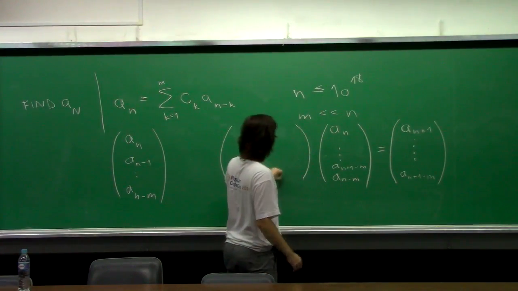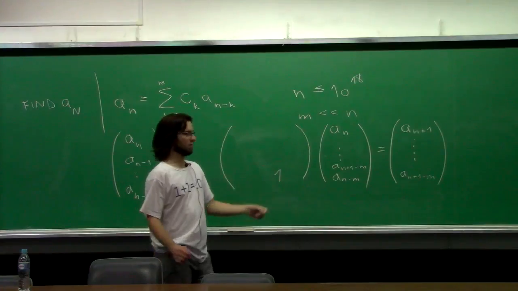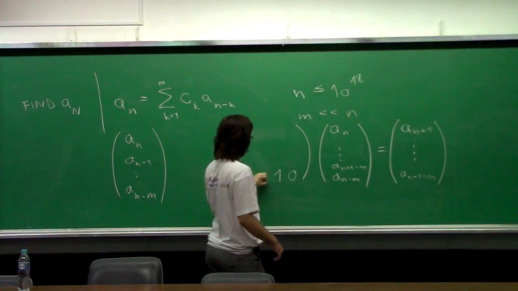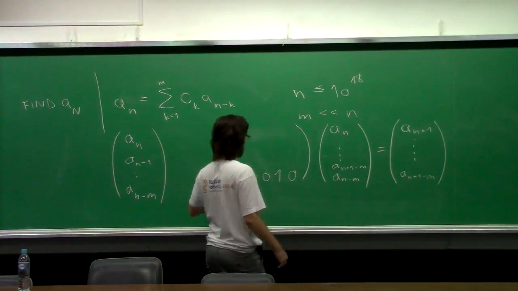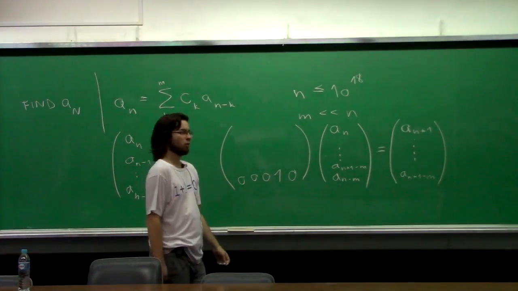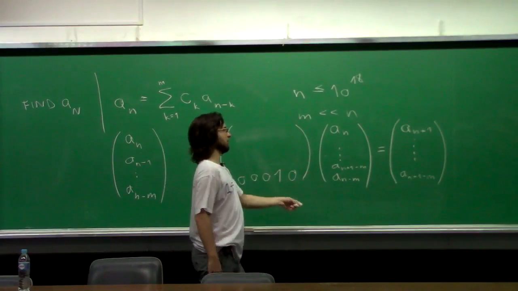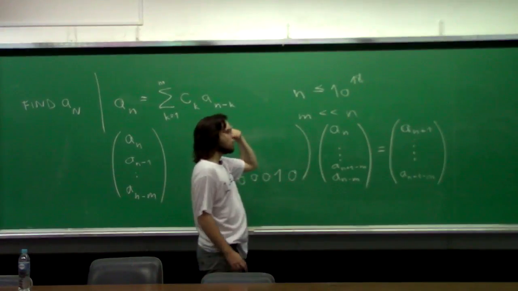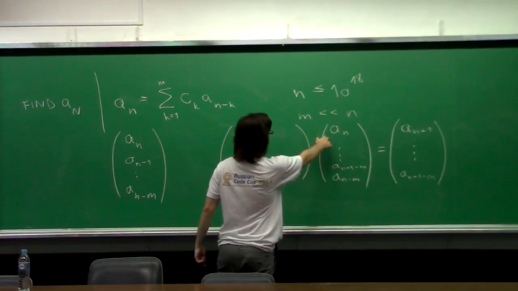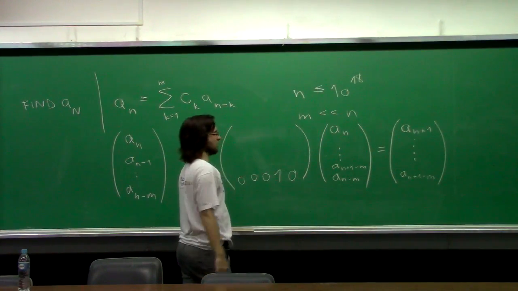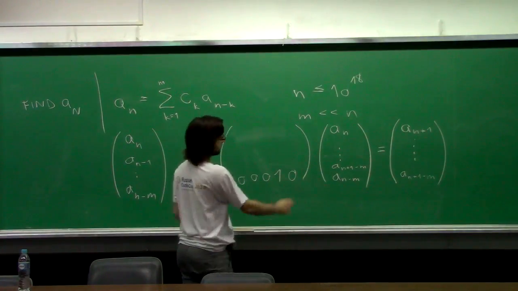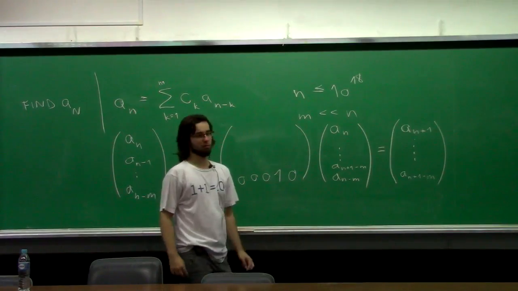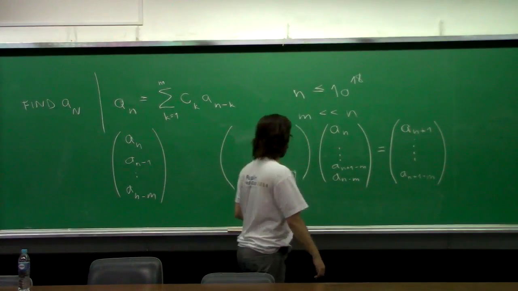So we just use 1 as the second to last number in the bottom row, and zeros everywhere else. So if we multiply this row of the matrix by this vector, then we just get 0 times an plus etc plus 0 times an plus 2 minus m plus 1 times an plus 1 minus m plus 0 times an plus m. So this is an plus 1 minus m.